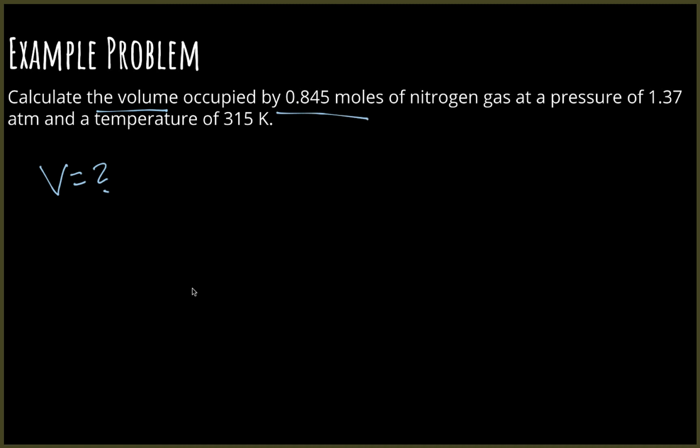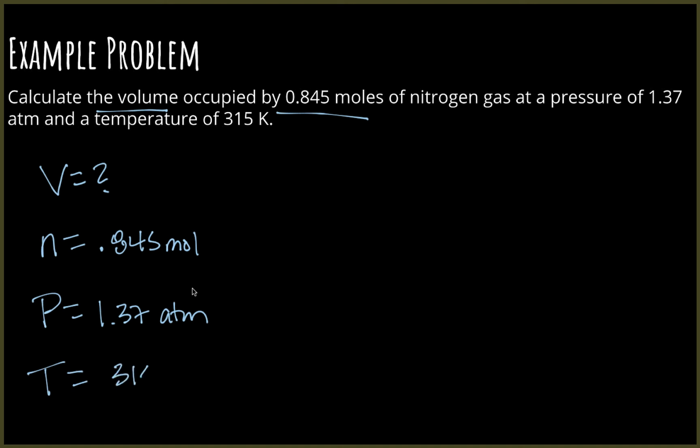That's occupied by 0.845 moles, so n equals 0.845, of nitrogen gas at a pressure of 1.37 atm and a temperature of 315 Kelvin. And then like we said, that R value is always going to be 0.0821 liter atmosphere per mole K.